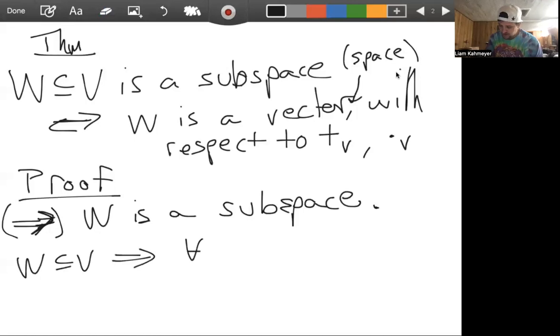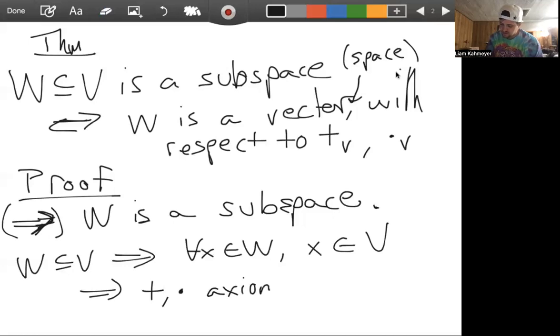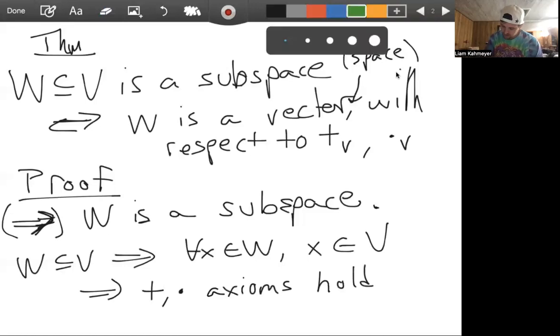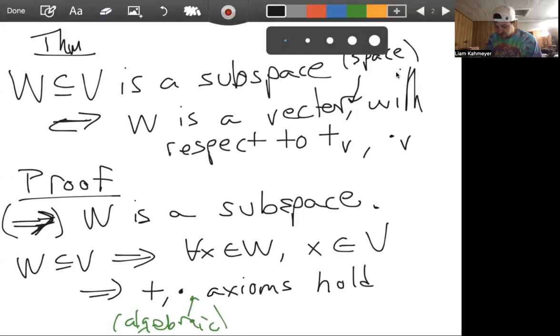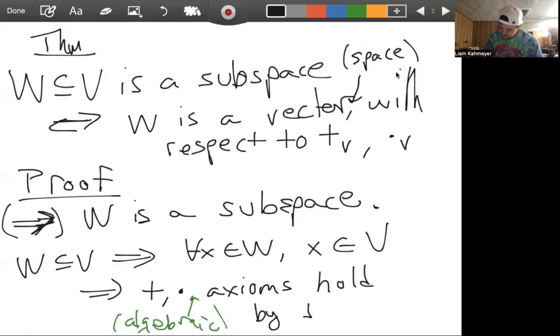This implies for all x in W, x is also an element of V, which implies the plus and scalar multiplication algebraic axioms hold, like commutativity, associativity, the distributive property, these things, kind of just by definition of subspace.